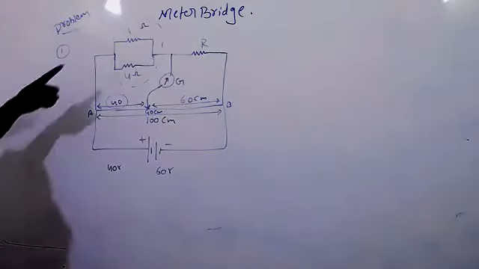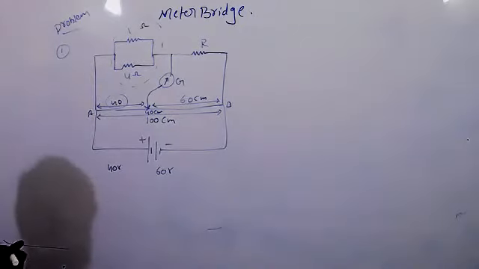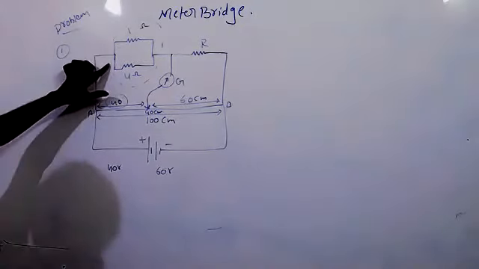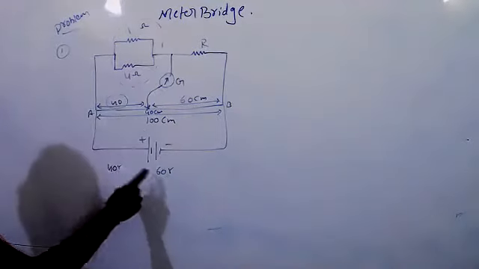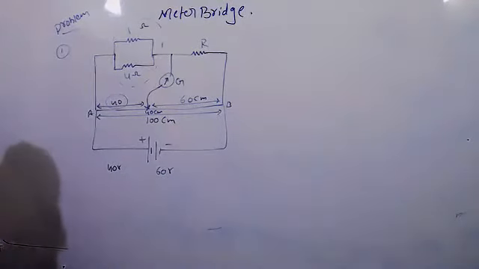Parallel. So we have to make it as one. If you make it as one, then you can see four resistors: first resistor, second resistor, third resistor, and fourth resistor. Then you can solve.